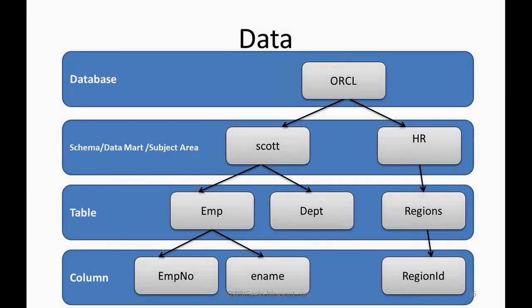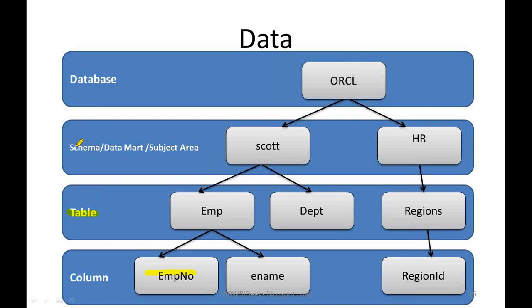Okay, now let's move on to our next slide here. See, this is the organizational structure as I have discussed previously with you. In a data warehouse, the lowest level is the column level. A group of columns we call a table, and a group of tables are organized as per the subject area of the business.